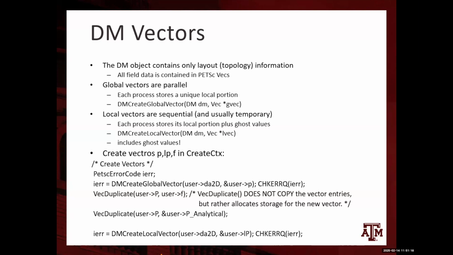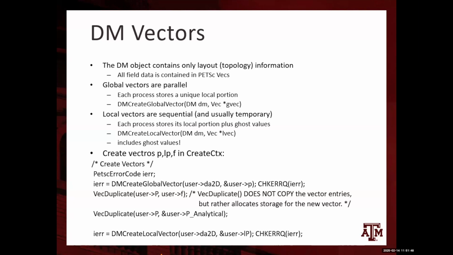So you can create DMCreateLocalVector and DMCreateGlobalVector. Whenever you want to update these ghost nodes, you can easily do this by calling DMGlobalToLocal. So you update all the ghost nodes based on the global values that they have at each rank.